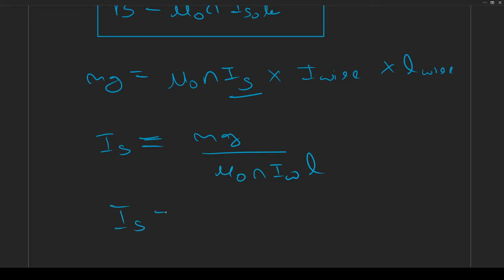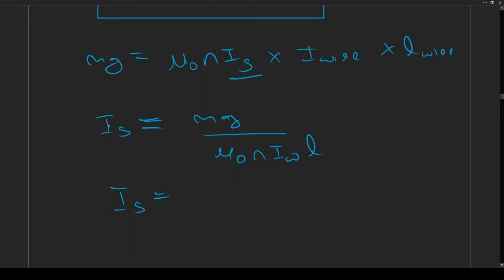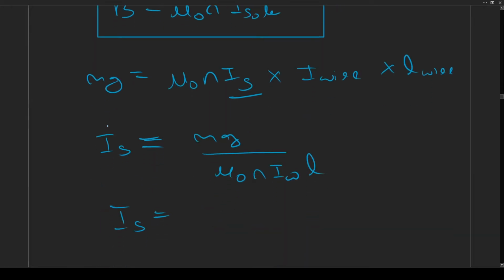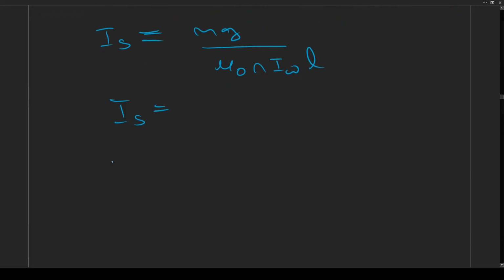We will get it as mg, which is equals to mass of wire, which is equals to 2.5 gram. So 2.5 into 10 power minus 3.